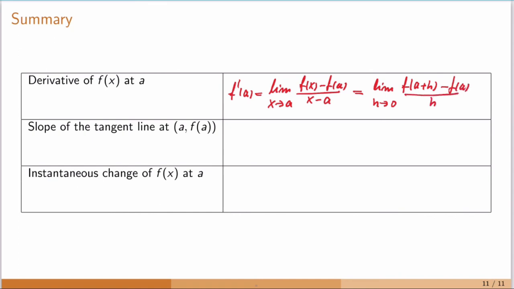We found that this is closely related to the slope of the tangent line at a point a, f of a. In fact, the slope is f prime at a, the derivative. It's also related to the instantaneous change of f at a, and in fact the instantaneous rate of change is f prime at a. You see, so the derivative arises already in two important applications, and it will continue to arise all the time.